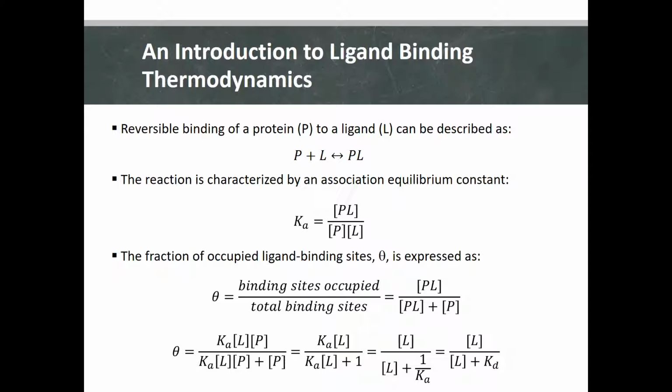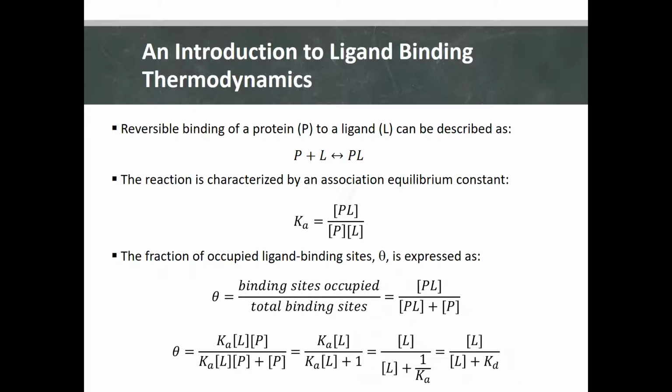What we're going to assume first is that binding of ligand to your protein is reversible and can be described by a reversible equilibrium. That's very important because it allows us to calculate an equilibrium constant, which can then be used to calculate some other terms that I'm going to show you now.